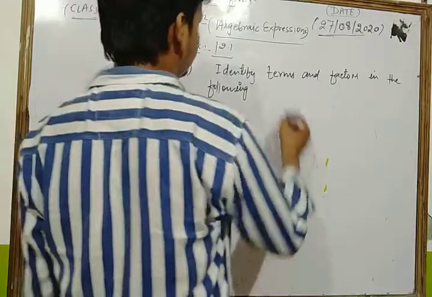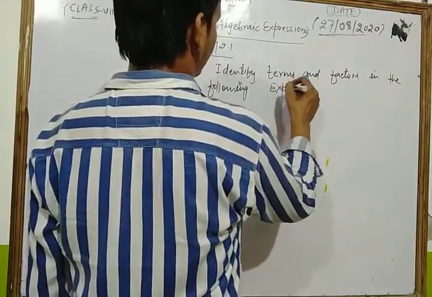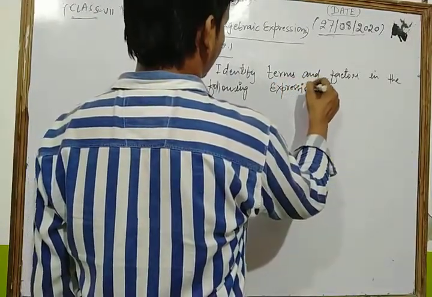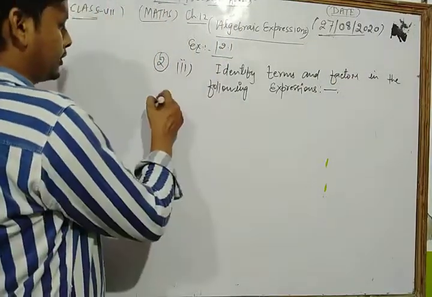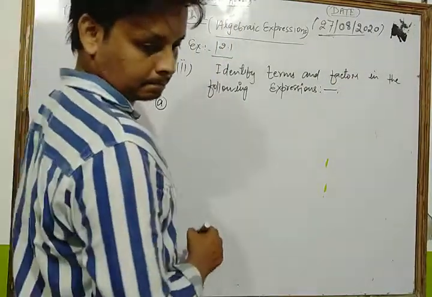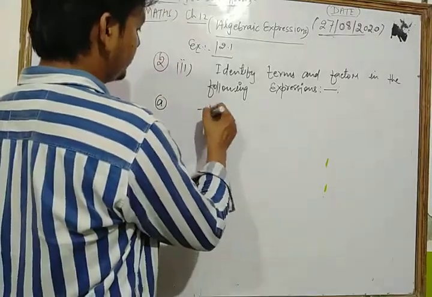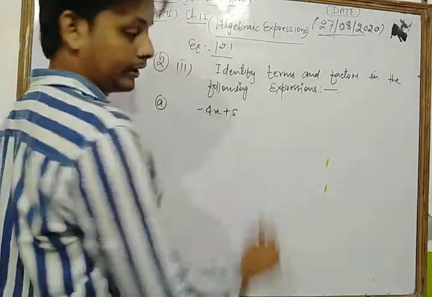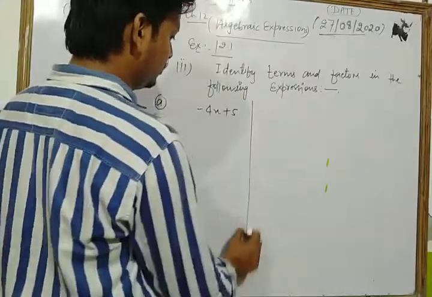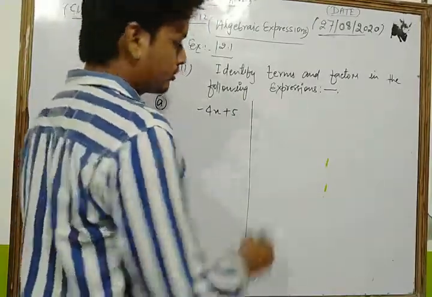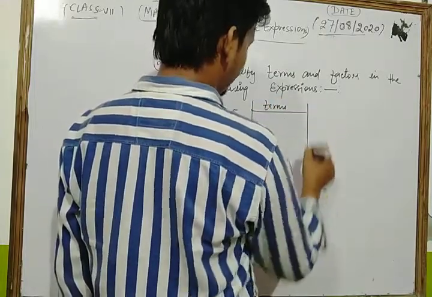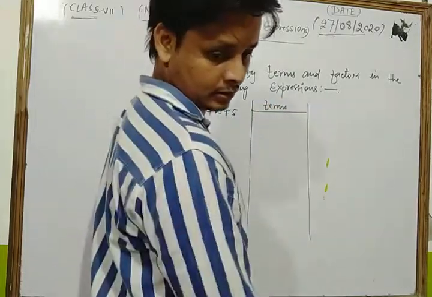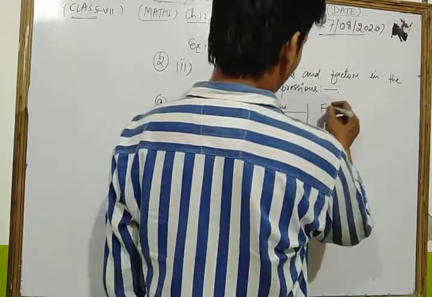We take the first part, which is minus 4x plus 5. In the first column we write terms, and in the second column we write factors.